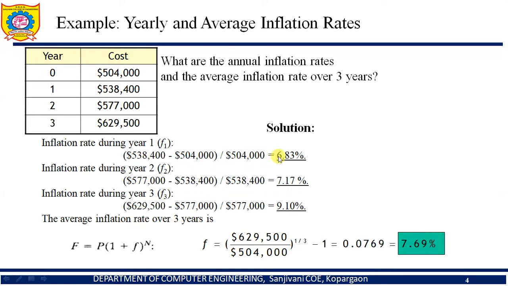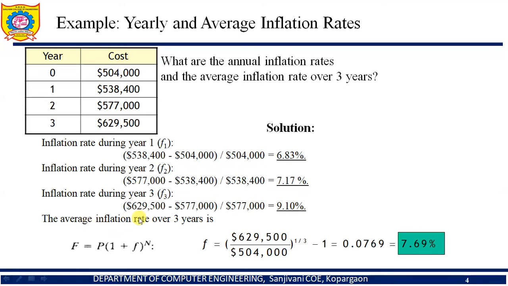We will get the inflation rate as 6.83%, that is the cost of the product increased by 6.83% in year 1, whereas the inflation rate for year 2 is 7.17%, meaning the cost of the product increased by 7.17% in year 2, whereas the inflation rate during year 3 is 9.10%, meaning the cost of the product increased by 9.10% in year 3.